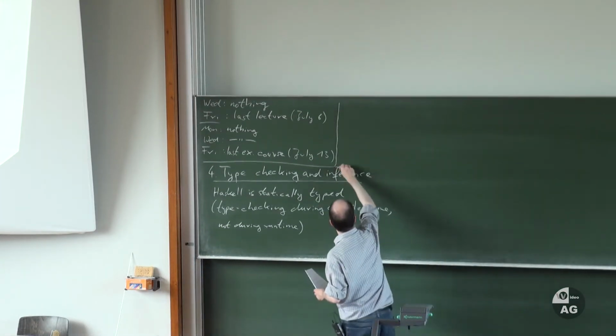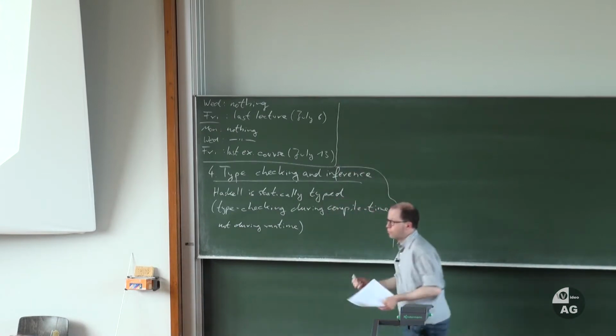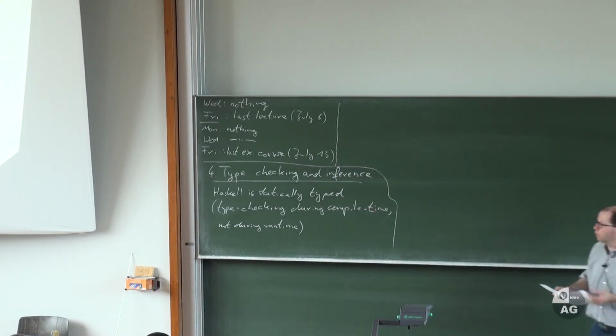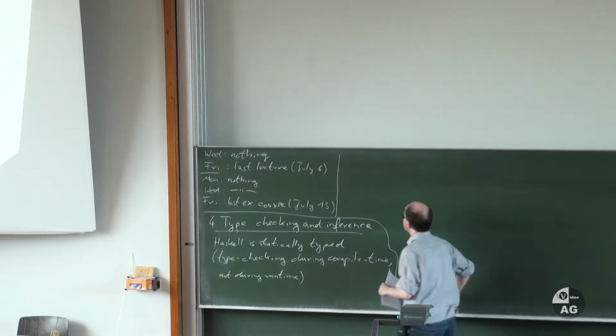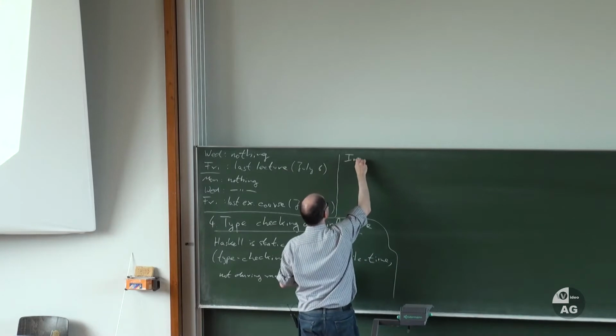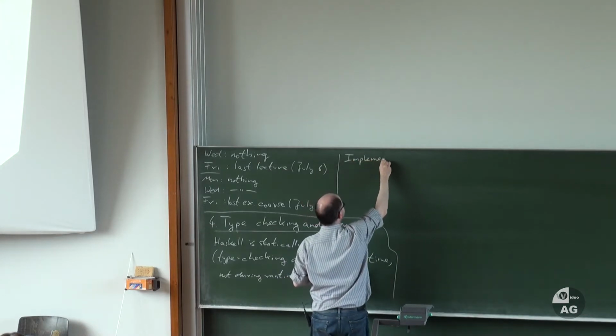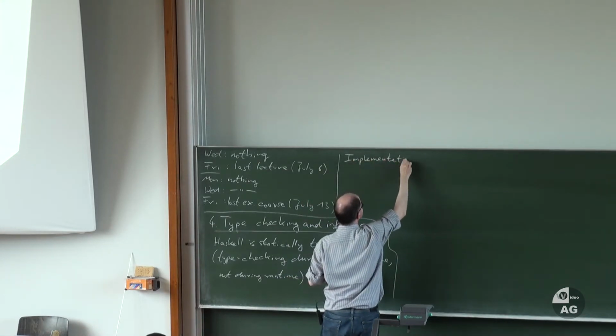And so what does that mean? What's the workflow if we want to compile Haskell programs? I mean, we didn't only introduce the syntax and the semantics in the lecture, but we were also concerned with the implementation. And the implementation could now work as follows. So how would our implementation of Haskell work?